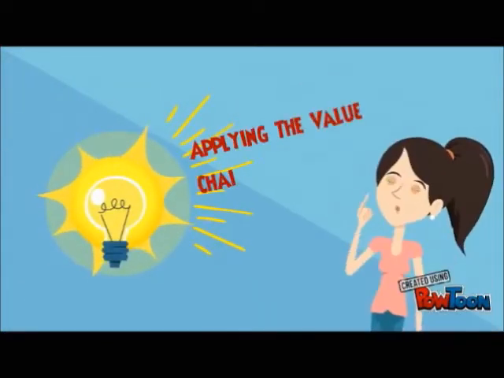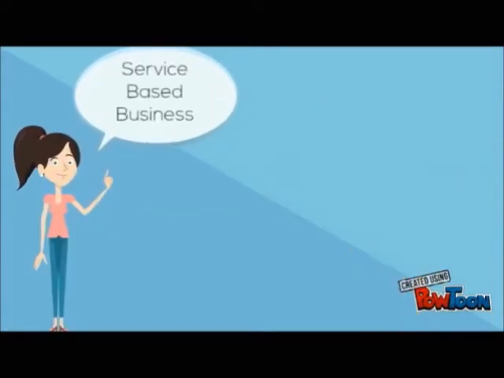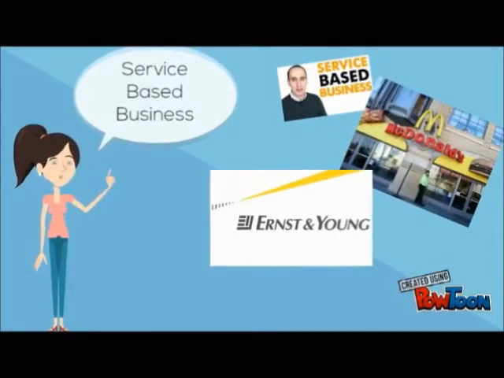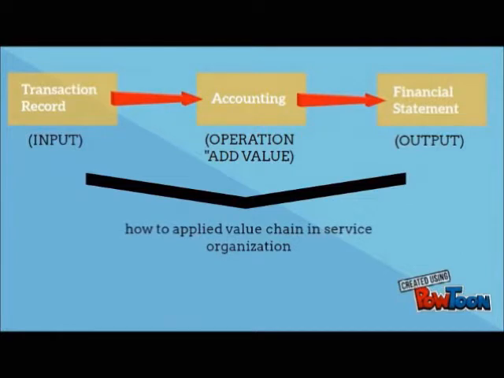Next subtopic, how to apply value chains in service organizations. The concepts of inbound logistics, operations, and outbound logistics apply not only to manufacturing, but also to any transformation process in which inputs are converted through a work process into output that adds value. When applying value chains to service organizations, the value-adding process may be configured differently depending on the type of business a firm is engaged in.